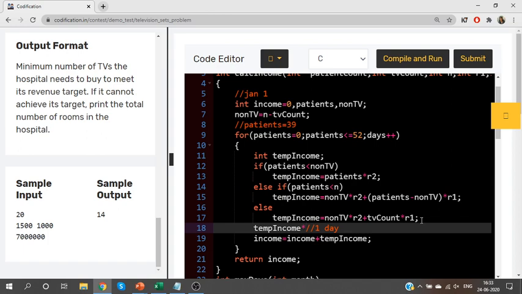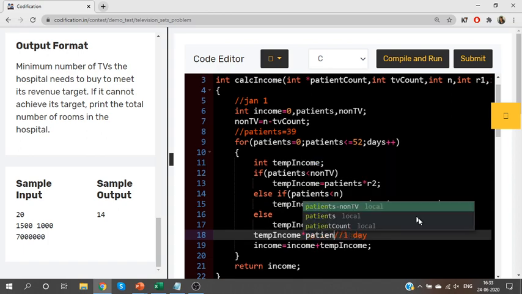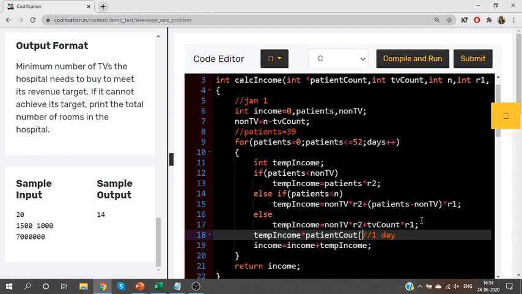But now how will we know the count? Using the array value, patient count of patients. Using the array value, you will get it for all the days having the same count. So patient count of 39 will give you how many times we have 39 patients.